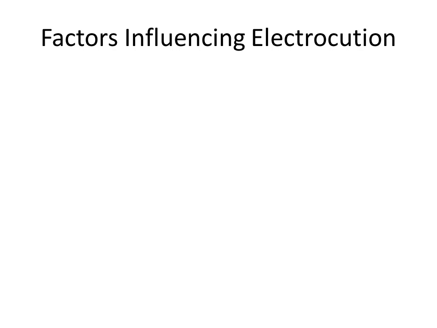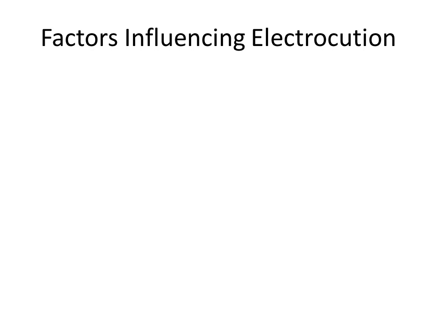Now we'll be discussing the factors influencing electrocution. Usually, in most of the cases, we find that whenever we try to remember the factors influencing electrocution, we look into the books of forensic medicine and toxicology and try to remember it by heart.